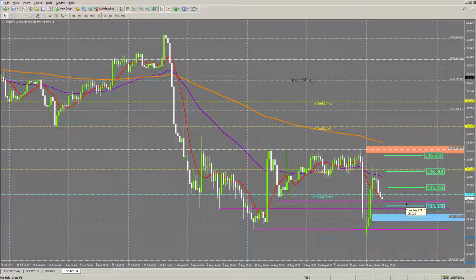Otherwise, if not, then there's no trade, and we'll have to consider taking an entry perhaps even lower to take a bounce. Or if there's a bearish trigger, then it could be a short-term scalp down towards the swing lows here, or even perhaps down to the weekly S1 level.